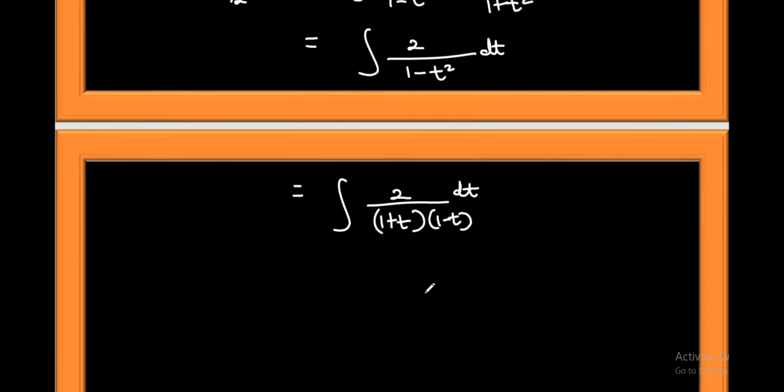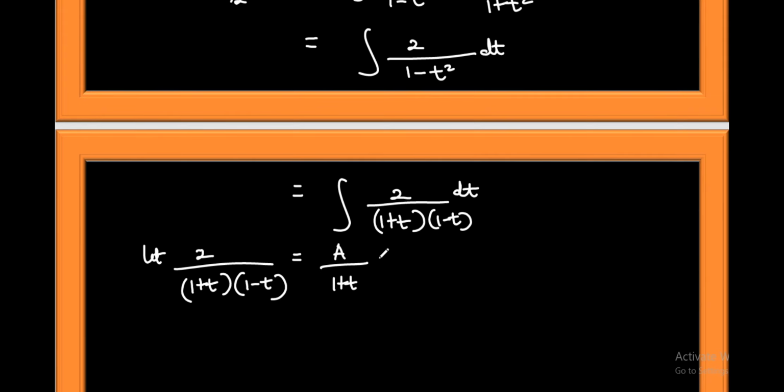Now from here, clearly this is a partial fraction, particularly type 1, where we have a denominator with only linear factors. So I will say let 2 divided by 1 plus t into brackets 1 minus t be equal, or we can use an equivalent sign, to a divided by 1 plus t plus b out of 1 minus t.